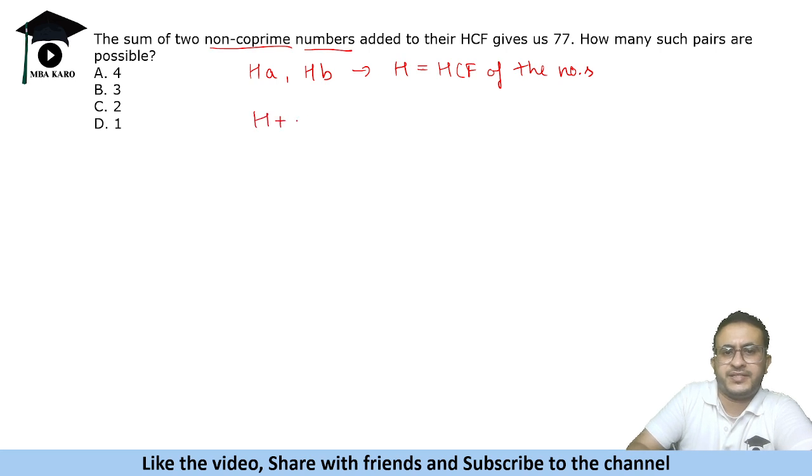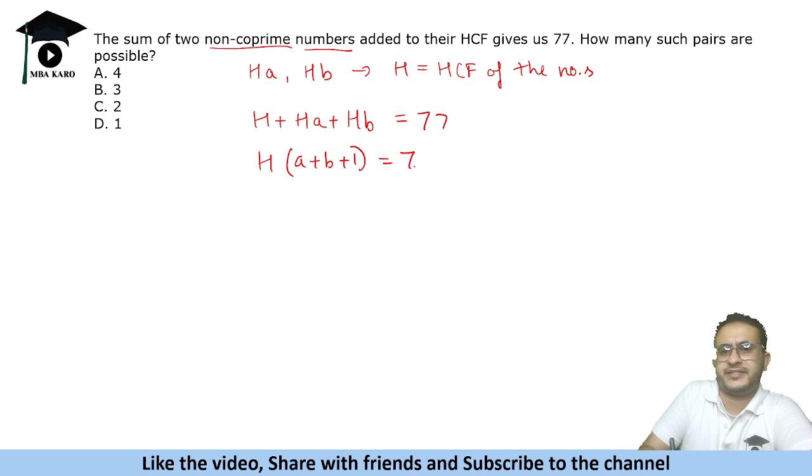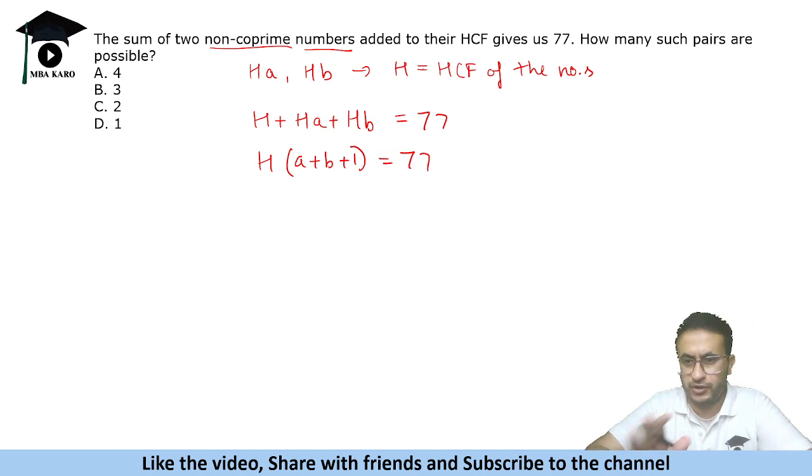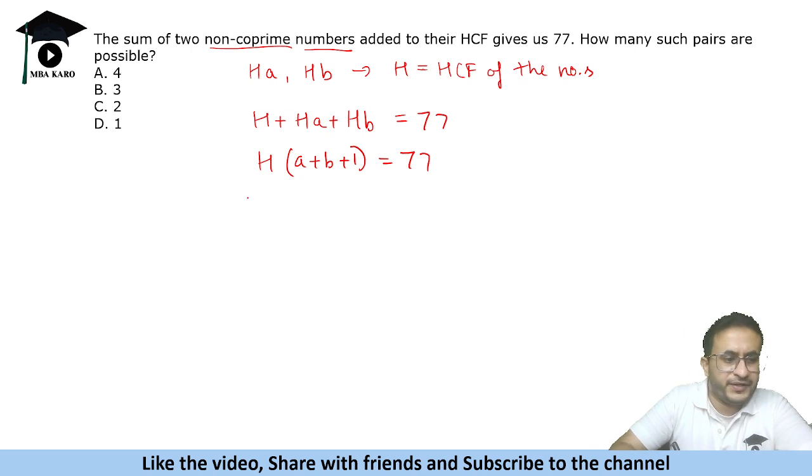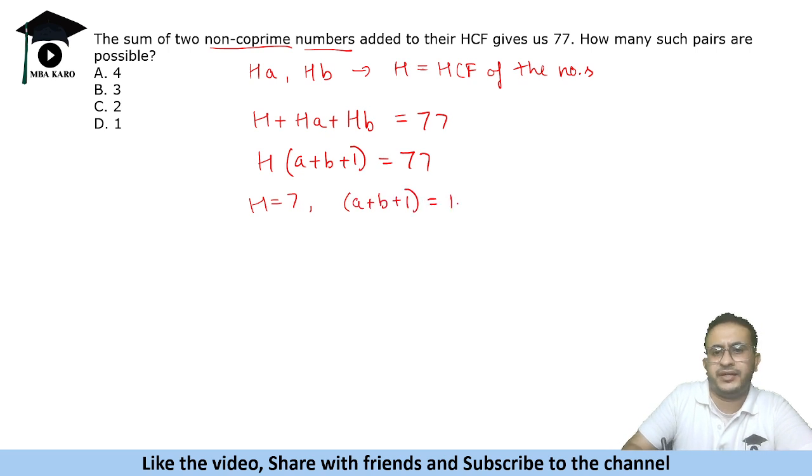So H plus H of A plus H of B is 77. So H is common. We get A plus B plus 1 is 77. We have to add the HCF also, not just the numbers. So if we take H is equal to 7, then A plus B plus 1 is equal to 11.